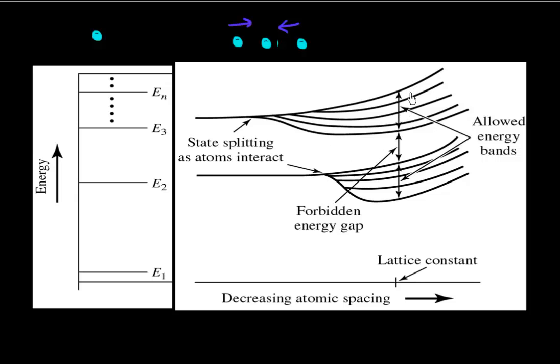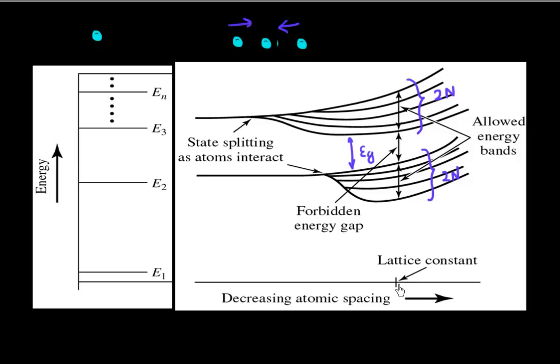Depending upon how many atoms I have, I'll have multiple of these states over here, and even more states over here. And if I make n sufficiently large, I'll see a lot of states over here, and a continuous density of states over here, and these are separated by this splitting, which I'll call a band gap. And this depends on how close I bring these n atoms.